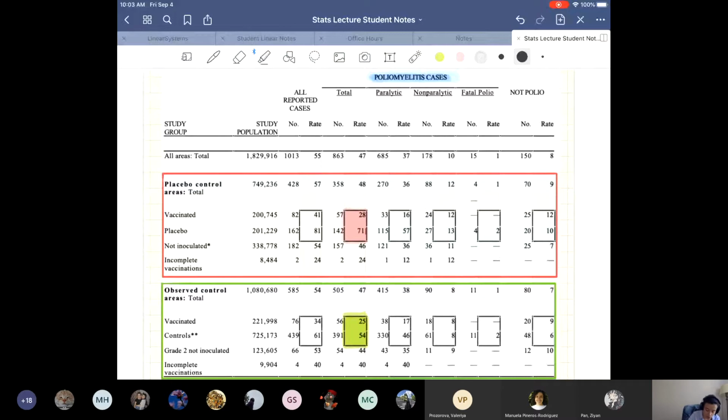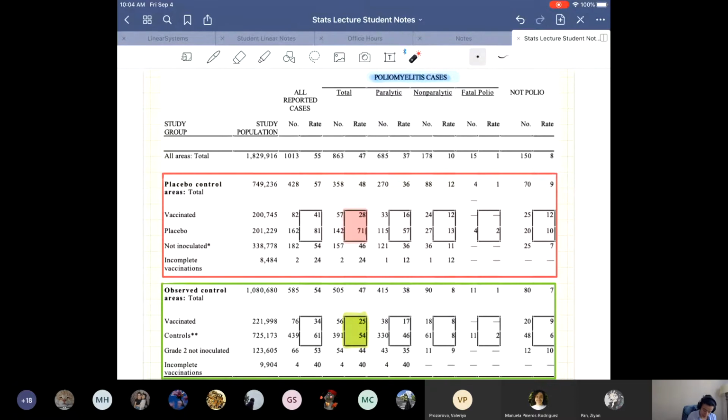Okay, now let me just guide you through what you're looking at here. Again, just a very, very big table. But what we're really interested in is the total cases of polio, and we want to compare what happened between the two populations that were being compared, right? So in the placebo control trial, that meant comparing the vaccinated children to the placebo children, so the ones that had gotten a vaccine versus a placebo.